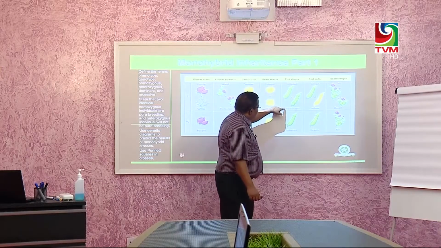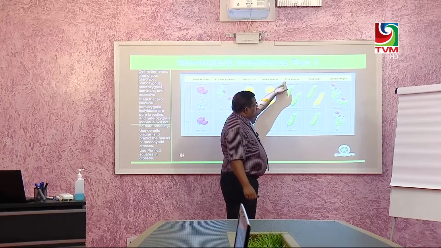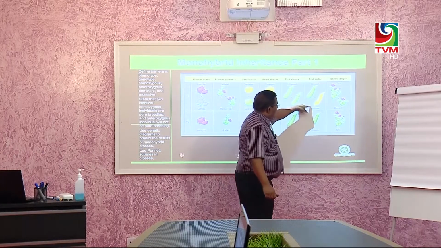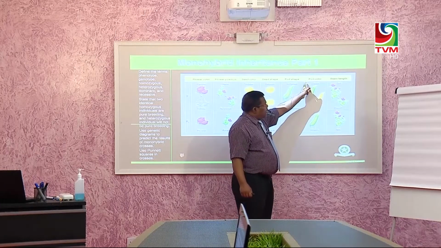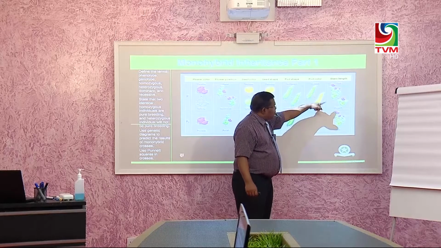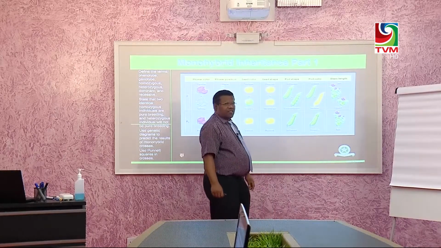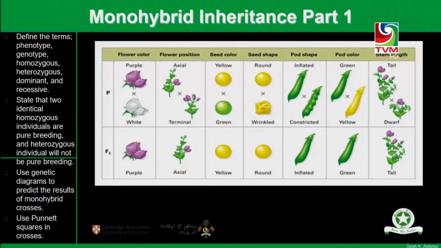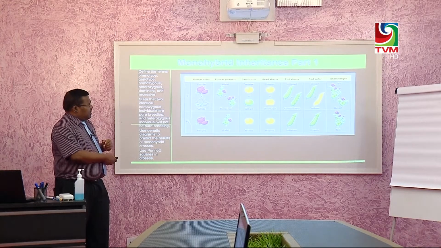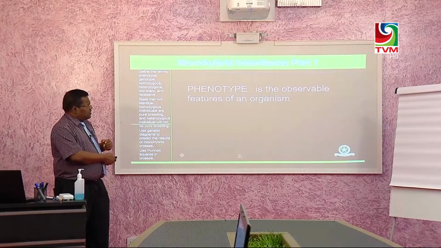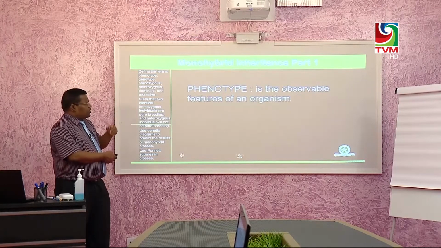Inflated and constricted, the phenotypes for pod shape. Green and yellow, the phenotypes for pod color. Tall and dwarf for the length of the stem. So whenever you hear phenotype in genetics, it means the observable feature, how the character is being expressed. So, the observable features of an organism.